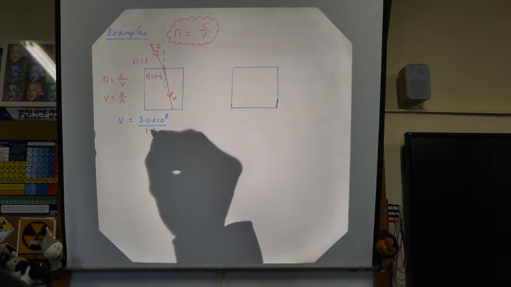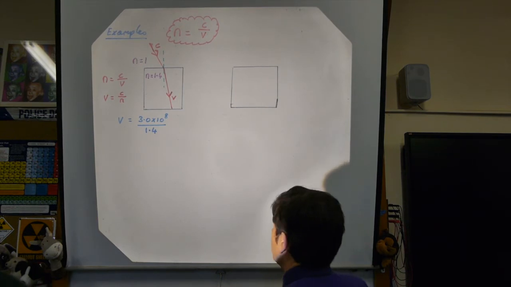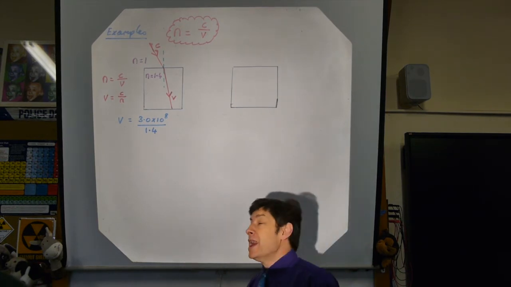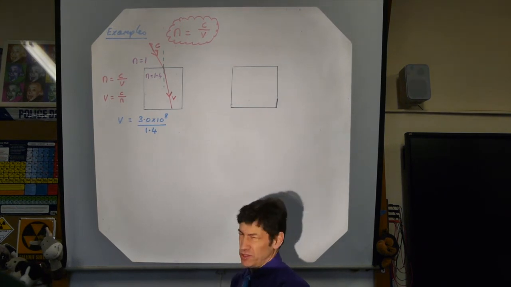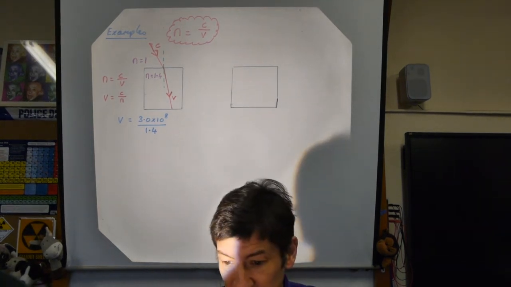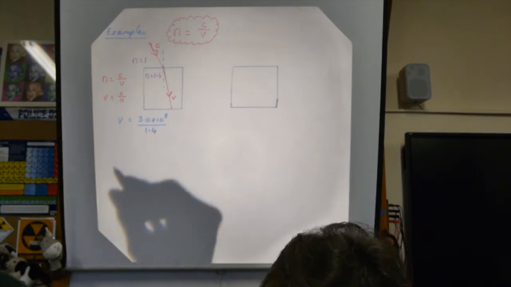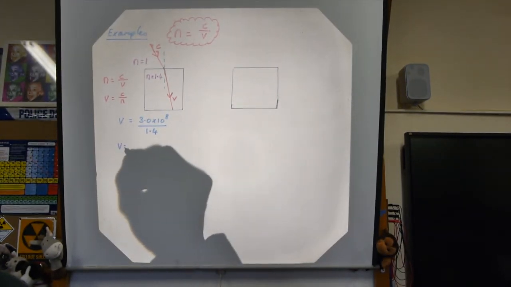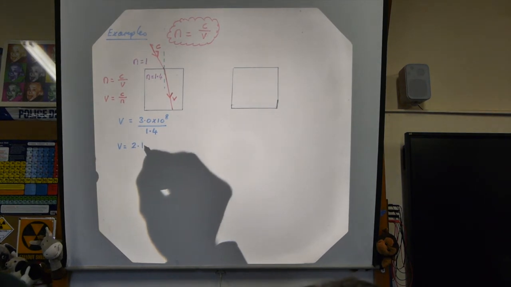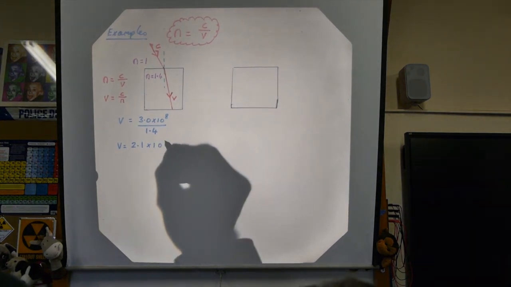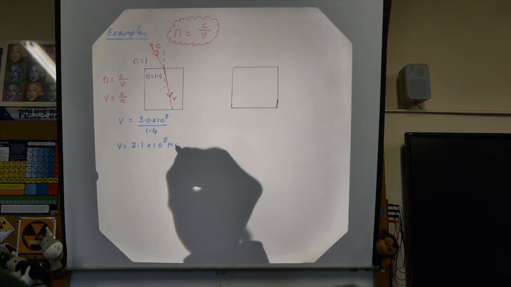Where did I get that 1.4 from? I just made it up for this example, but obviously if we know the material, we can look up the refractive index. There's a whole series of them for different types of glass. If you work that out, the velocity in this material will be 2.1 times 10 to the 8 meters per second.